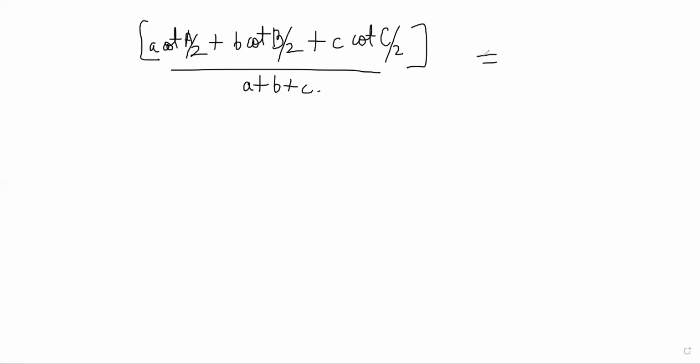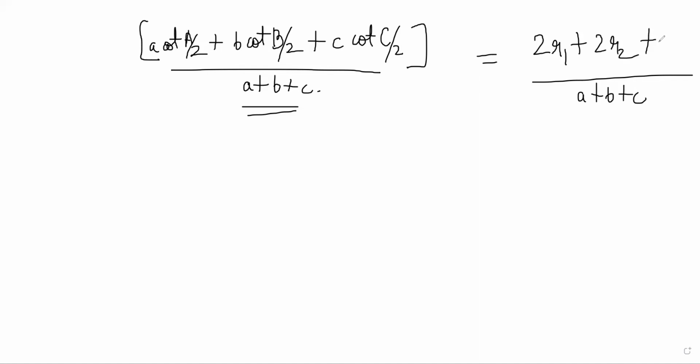It is equal to 2 times... the top part of it is equal to 2R1 plus 2R2 plus 2R3, right? Because we have already gotten the denominator, no? Yes, sir. We have to prove that the top part is this, right?